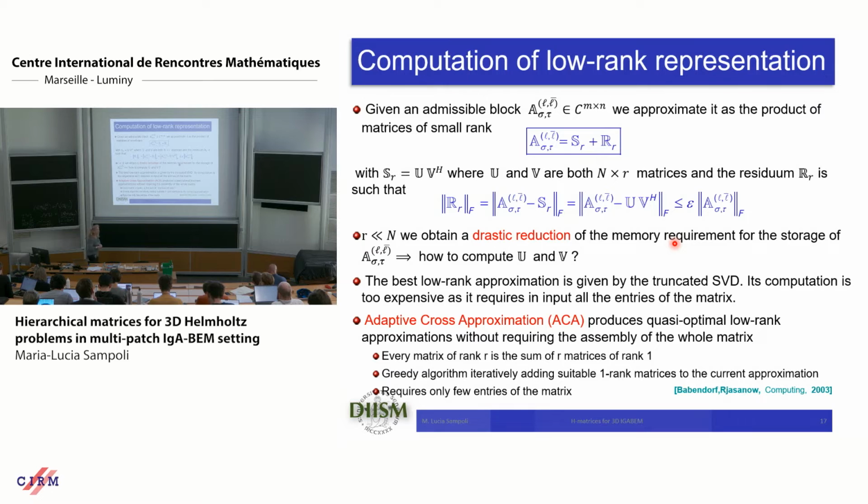In order to compute the matrices that realize the low rank approximation, the best would be to use the truncated singular value decomposition. But that means we need to compute all these entries, and we do not want that. So we prefer another technique called adaptive cross approximation, based on the idea that any matrix of rank R can be seen as the sum of R matrices of rank 1.